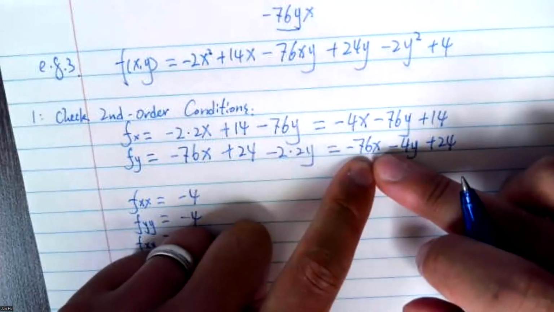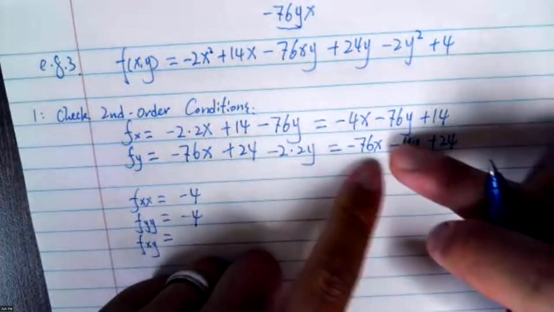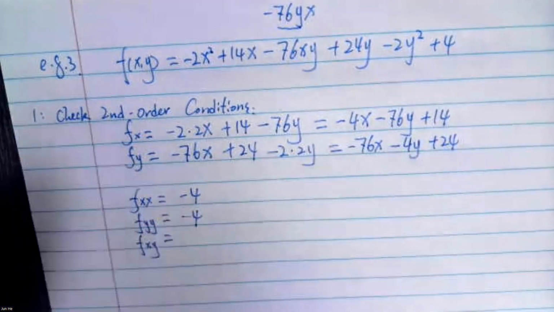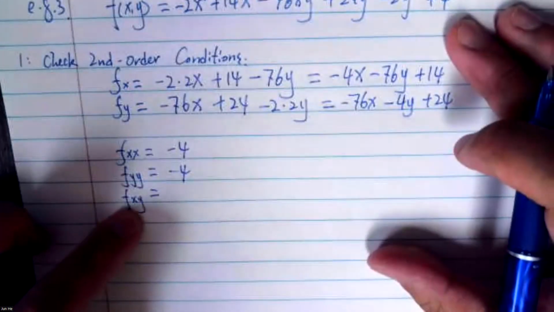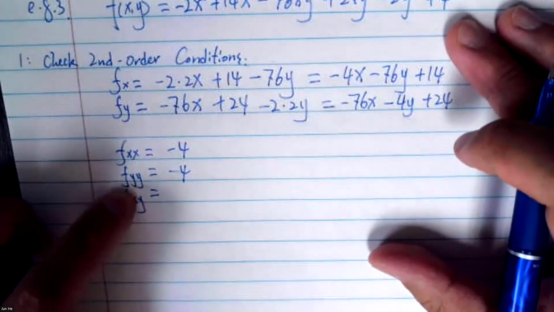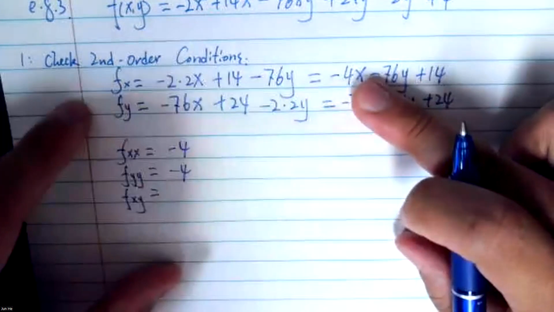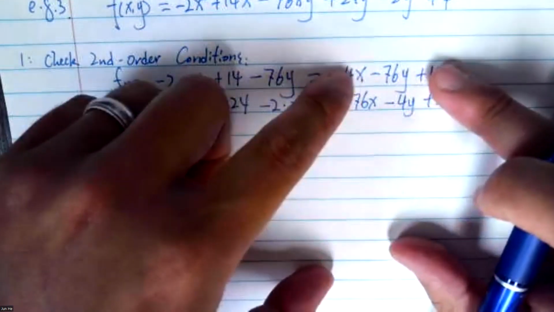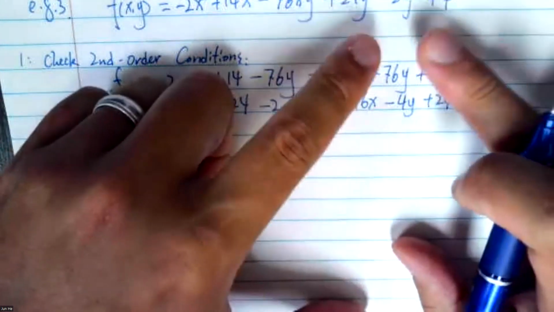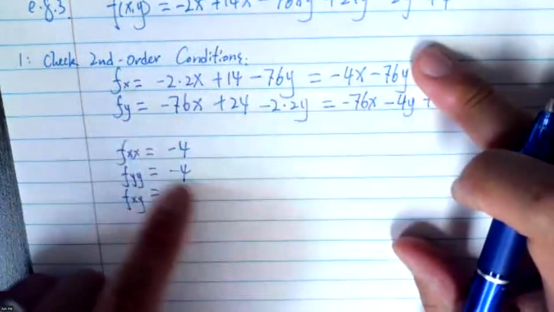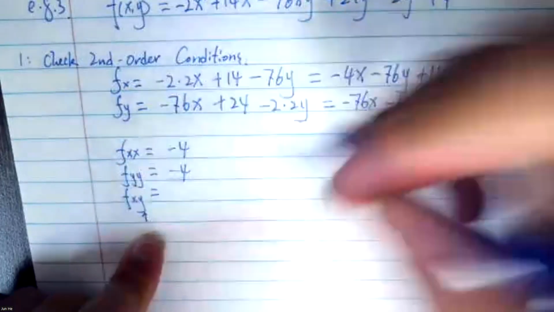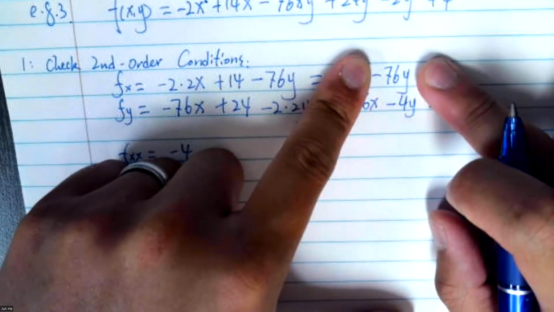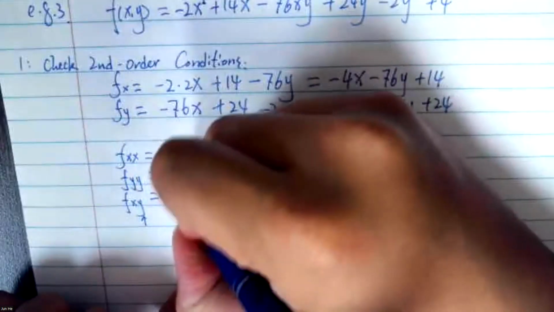The first minus 76x, disregard, because that has nothing to do with y. 24, disregard, that's a constant. fxy, then you're taking derivative of f partial on x with respect to y. So the first term and the third term have nothing to do with y, right? They are disregarded, and the derivative of minus 76y is minus 76.